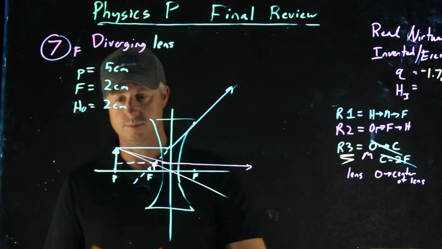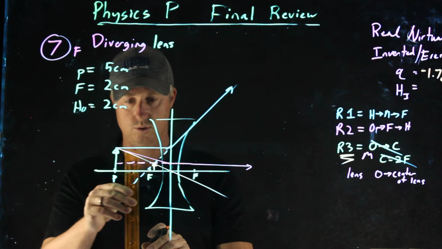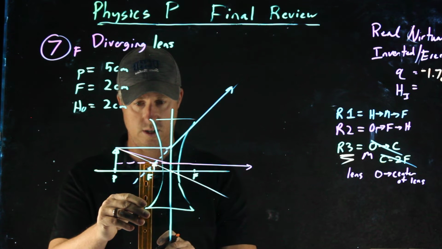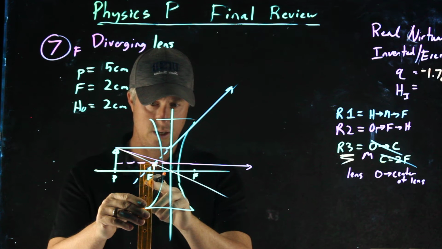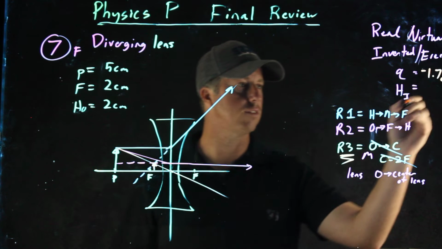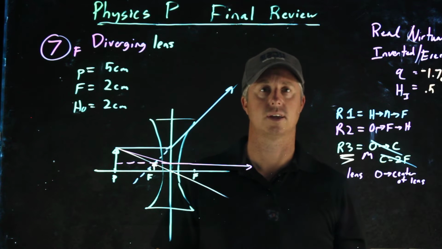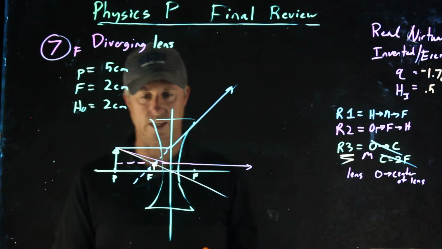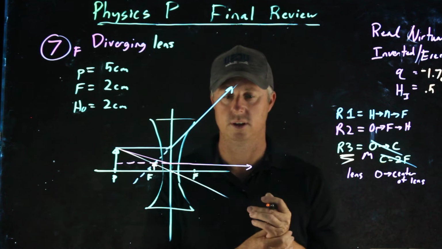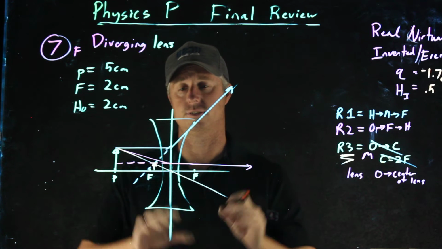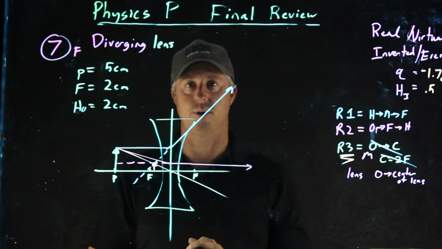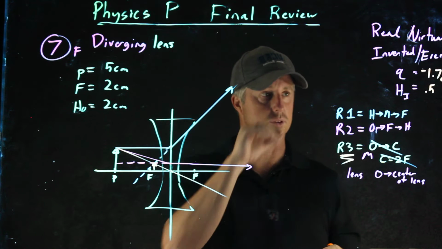The height of my object was 2. So this one is just about 0.5, give or take a little bit. It might be more like 0.6. It's hard to measure on this board. Again, your graph paper is going to increase your accuracy tremendously versus the non-graph paper thick markers that I'm using.